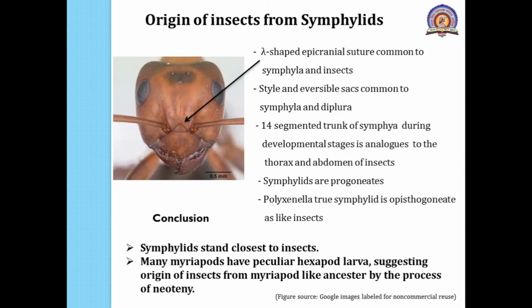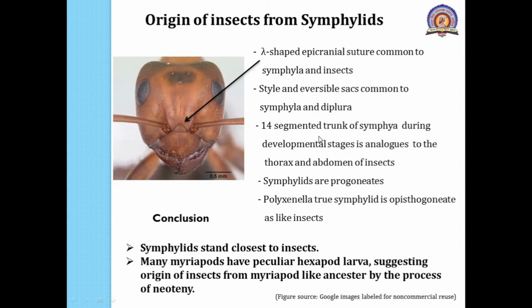The presence of styli and eversible sacs is common to the Symphyla, and such eversible sacs are also well evident in the Diplura. The terminal cerci of the Symphyla appear to correspond to those of the insects. Further, the development of the Symphyla shows that they also have a trunk contributed by a total of 14 segments, as in insects.